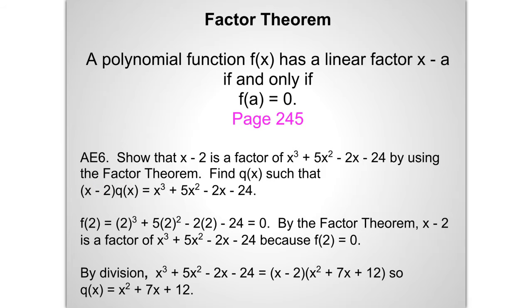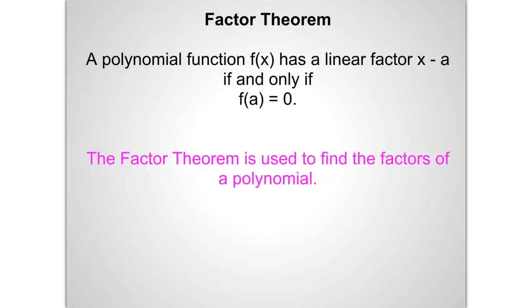So using division, I would use synthetic division. You're welcome to use long division, but with division, you would find that the quotient is x squared plus 7x plus 12. And that would also validate the fact that the remainder is 0, because using synthetic division or long division, you'd find the remainder is 0.